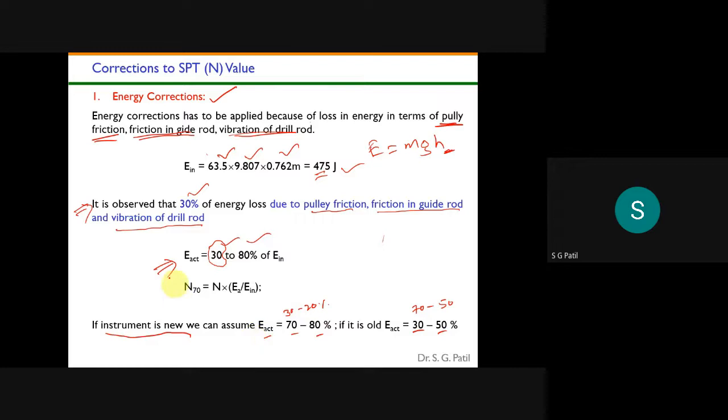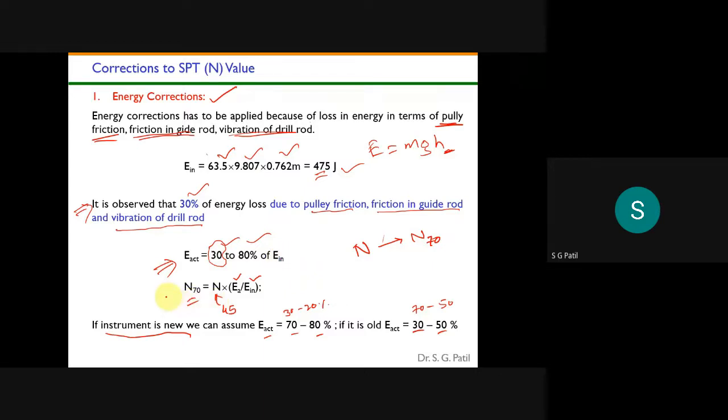So that's why, after applying the energy correction, the N value I got in the field becomes N70. N70 is nothing but your field value N, like in my example, 45. So 45 was my N value from the field. Then N70 equals 45 times E actual divided by E input. What is E actual? E actual may be 30 to 80%, you can take.